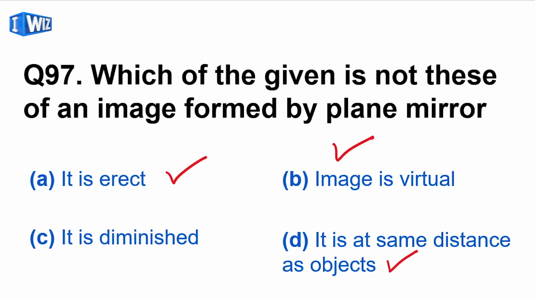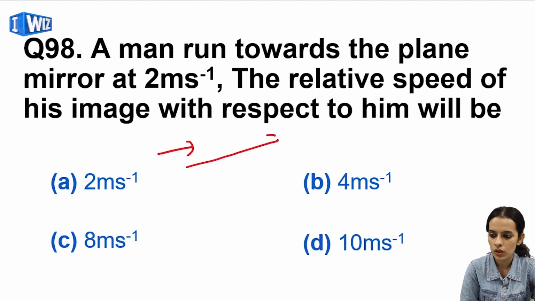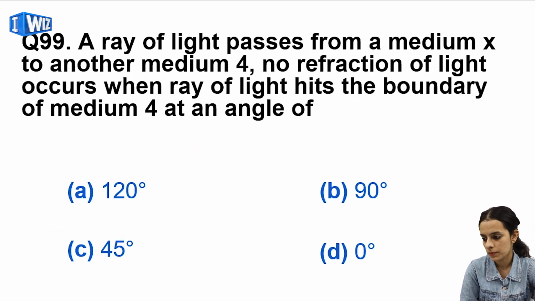So which is not a right option? It is diminished. This is wrong. Next, a man runs towards the plane mirror at 2 meters per second. The relative speed of his image with respect to him will be double, 4 meters per second.